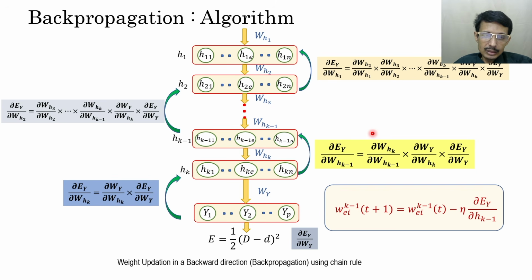Now here we show how weight updation is done in the backward direction using the chain rule. Here this is the output layer, and what we are saying is this: let's say Y is the predicted output and D is the actual output, and we get this error E here.